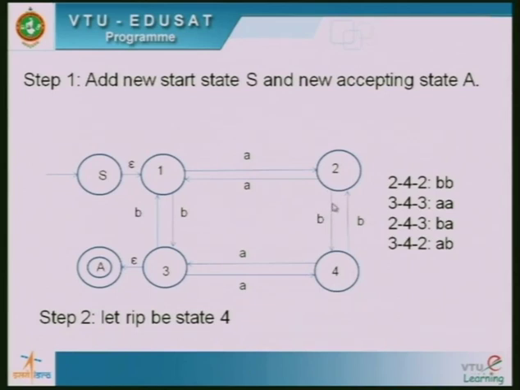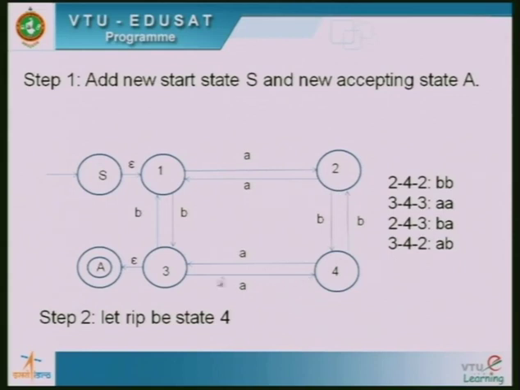If you observe here, if you are removing 4, there are these 2 transitions. 4 is connected to 2 and 3. If you remove it, it should always be replaced with the equivalent transition. From 2 to 4 and again to 2, you can reach with the transition BB, that is 2, 4, 2, BB.